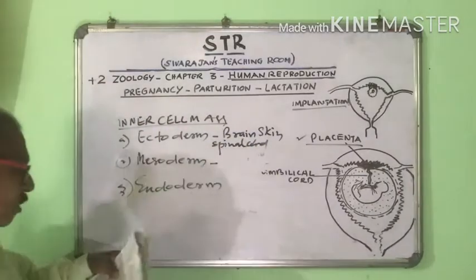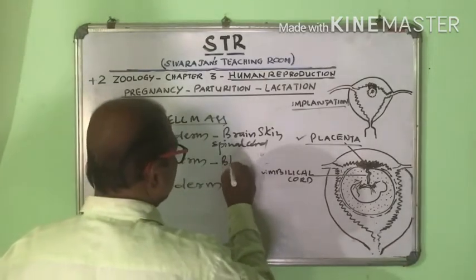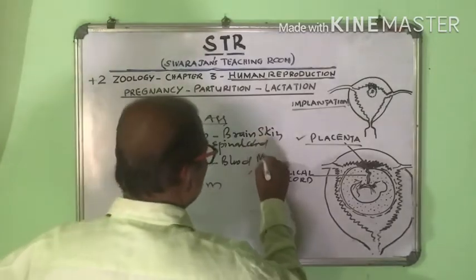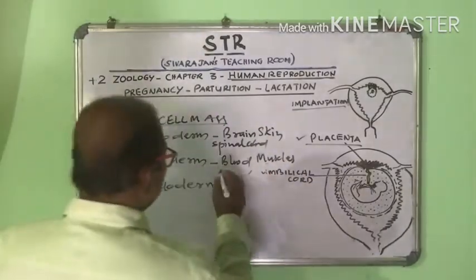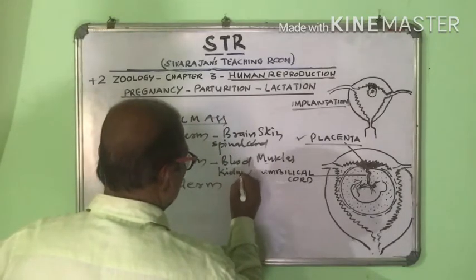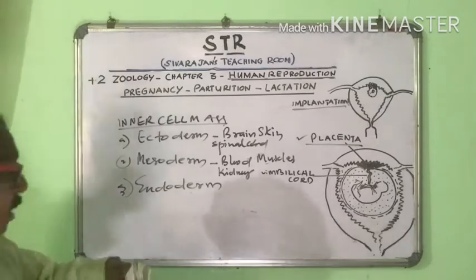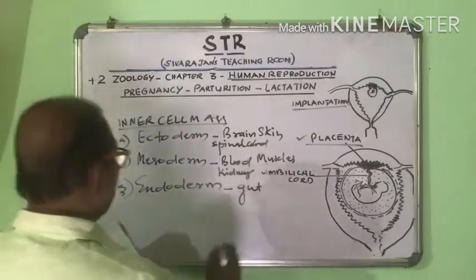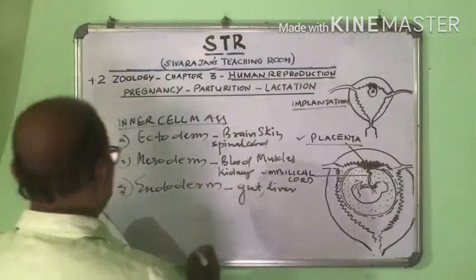The mesoderm gives rise to blood, muscles, kidney, etc. And the endoderm develops into gut, liver, pancreas, etc.